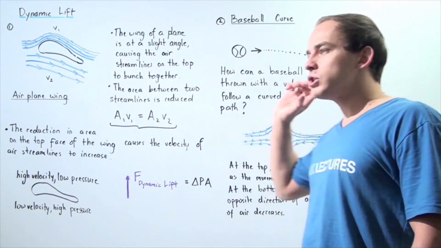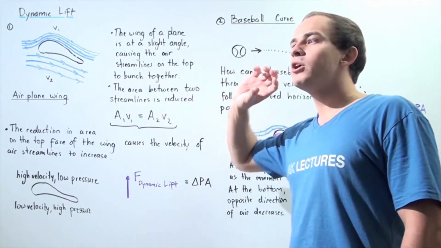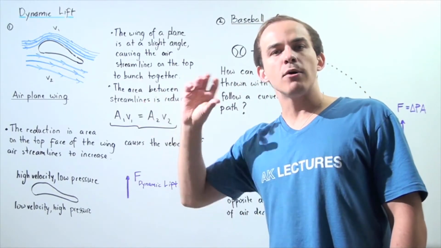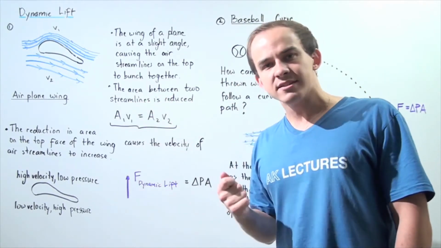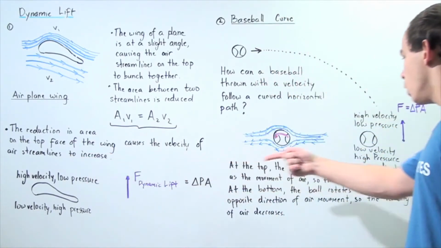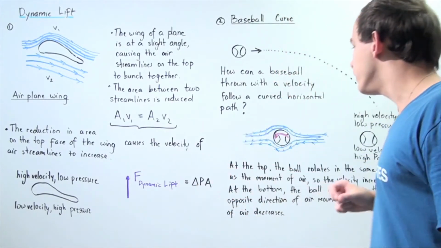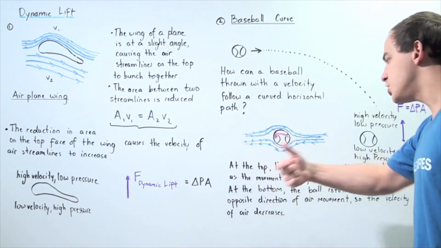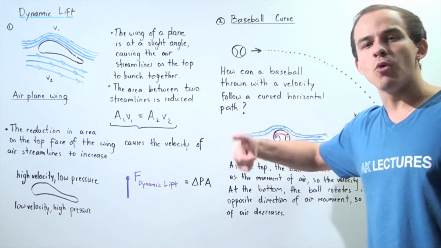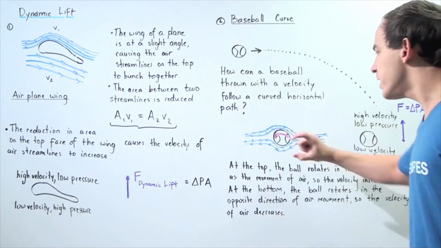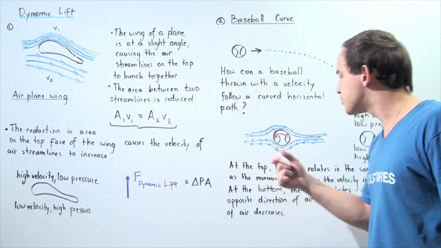Now, when we actually throw the baseball, we put a spin on that baseball. Our baseball is not only translating, it's not only moving along the horizontal axis, it's also rotating as it's moving. So let's say the rotation is in the counterclockwise direction. So look what happens as the ball rotates.